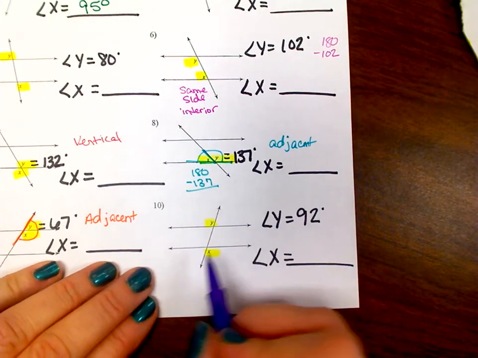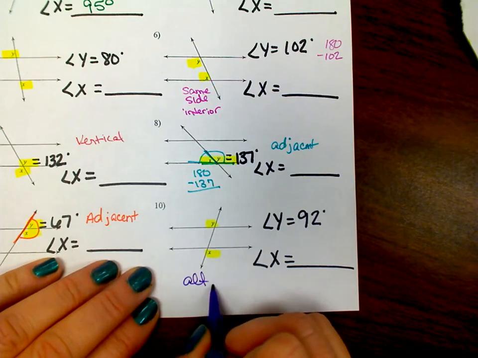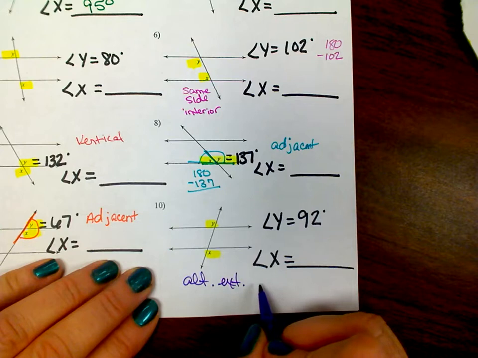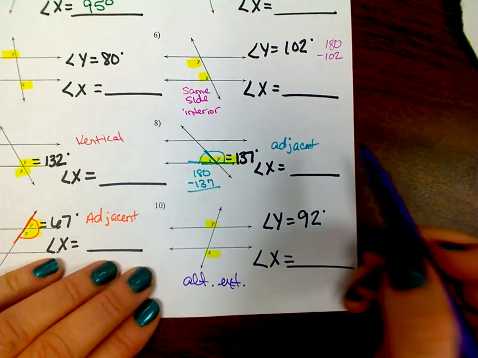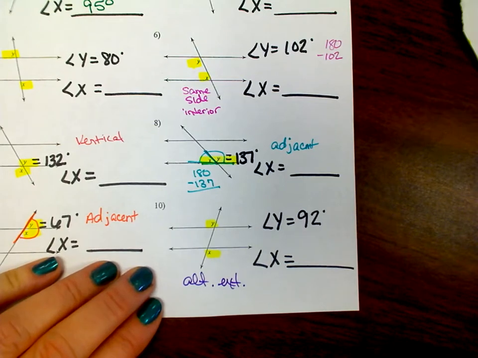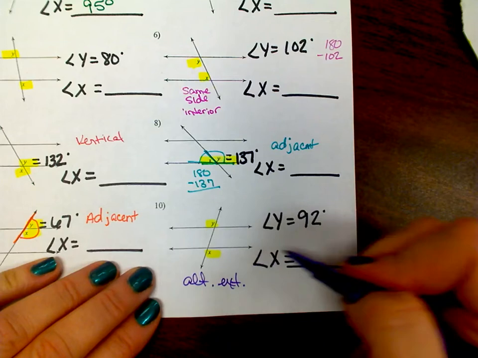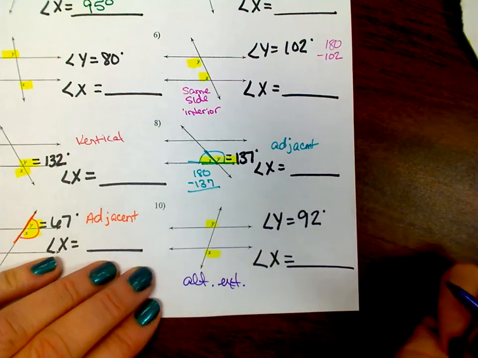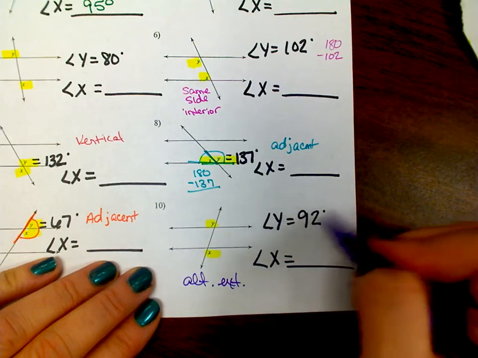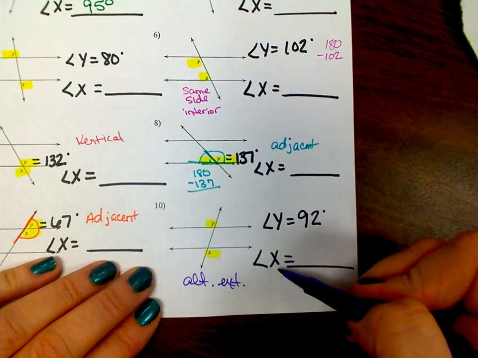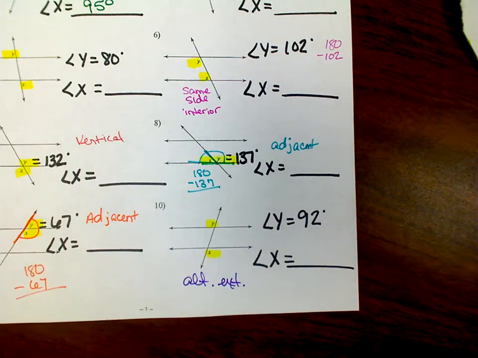So it's going to be alternate exterior, and that means that they are same shape, same size. So if Y equals... oh, not 100. Did I say 100? I don't know. So the angle Y measures 92. X should measure 92.